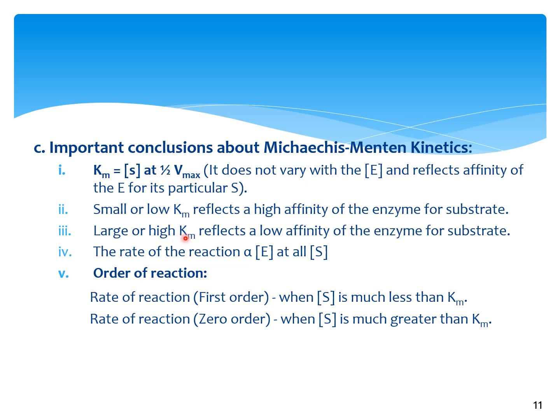Large or high Km values reflect a low affinity of enzyme for substrate. That is, when half Vmax has to be achieved, a larger concentration of substrate is required to achieve 50% saturation of enzyme to get half Vmax.